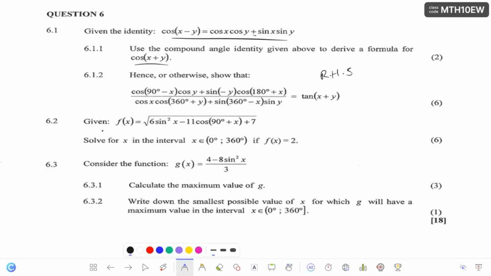6.2. They said, given f of x, solve for x if x is an element of the interval 0 to 360 degrees, if f of x is equal to 2.